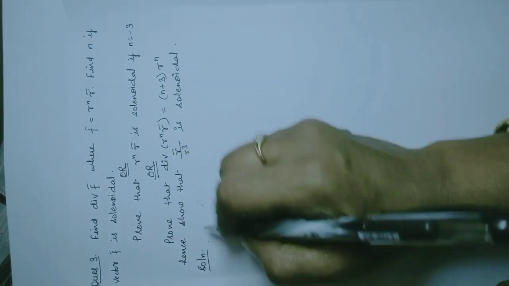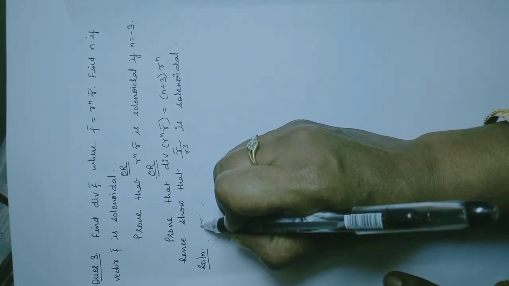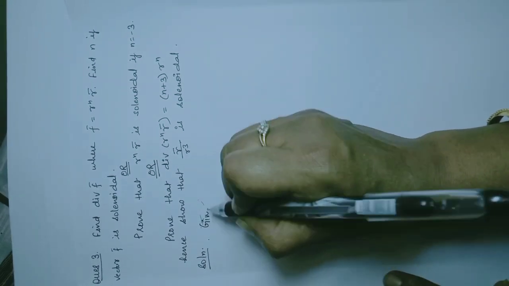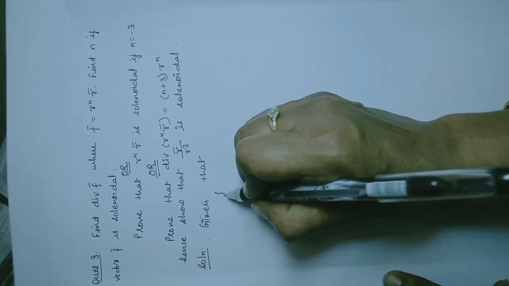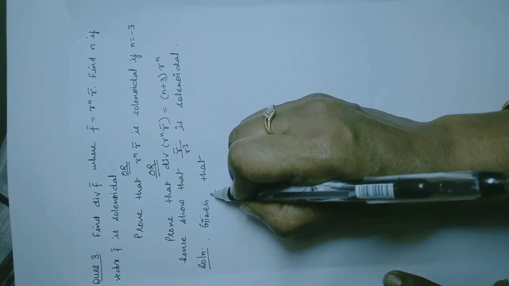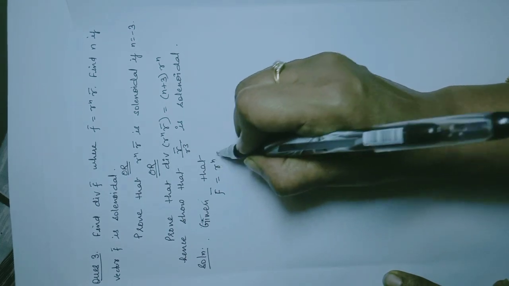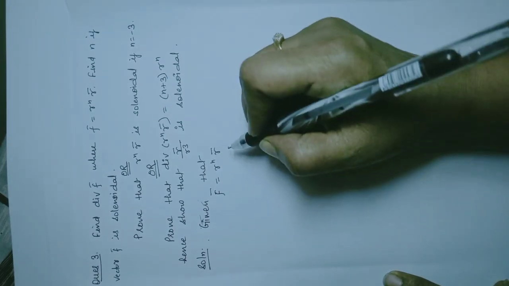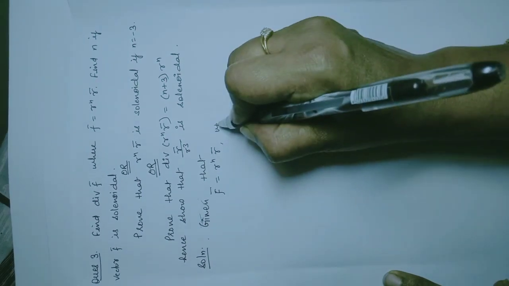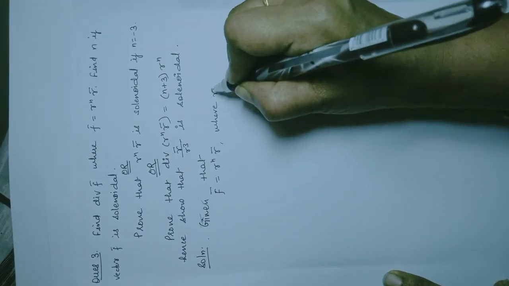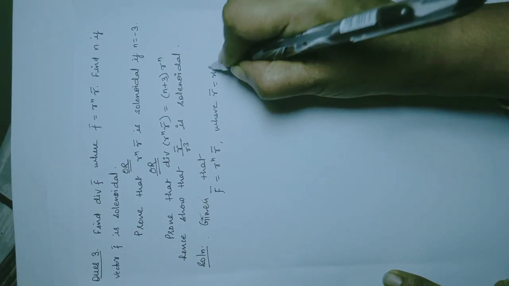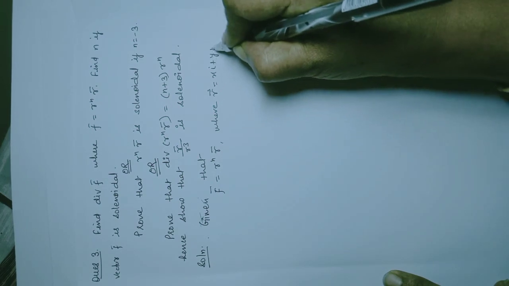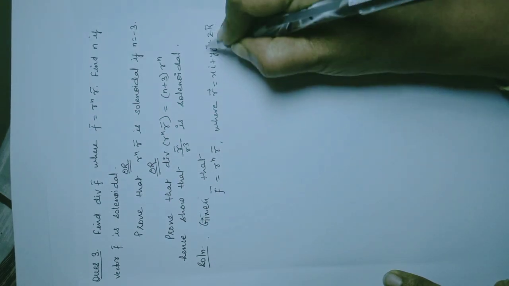So let's start. Now see here, they have given that your vector f is equal to, now here, this is a standard position vector r, which is vector r equal to xi plus yj plus zk.